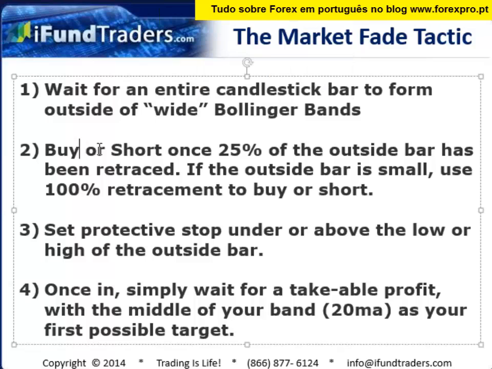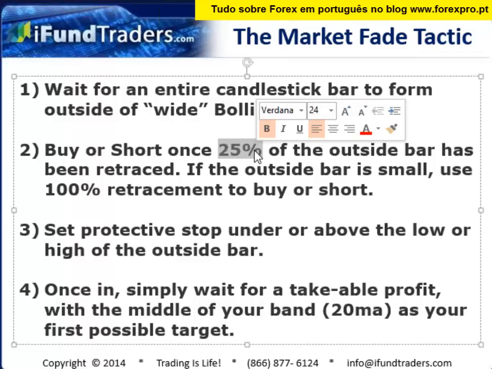Then if it's outside of the lower band, we're looking to buy. If that bar forms outside of the upper band, we're looking to sell short. Now, we're going to buy or short once 25% of the outside bar has been retraced.